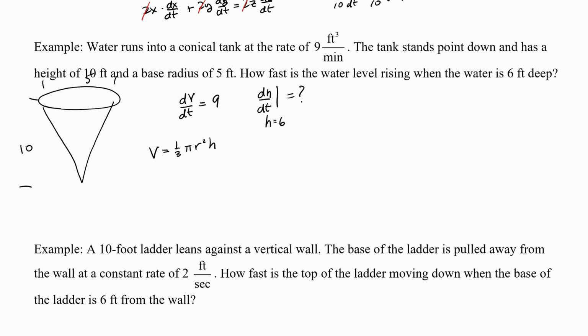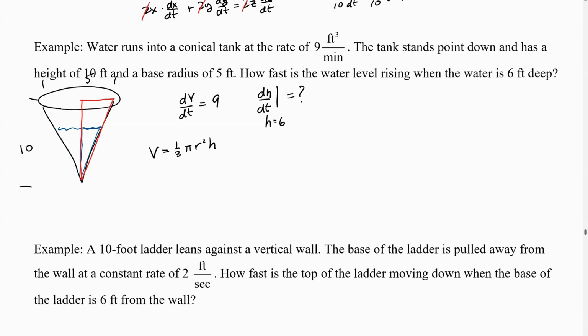Well, it just so happens that when you have a tank filled with water, that water makes a right triangle which is similar to a triangle for the entire tank.